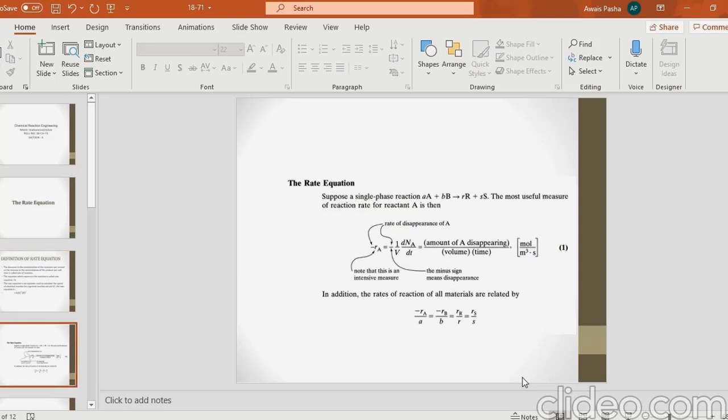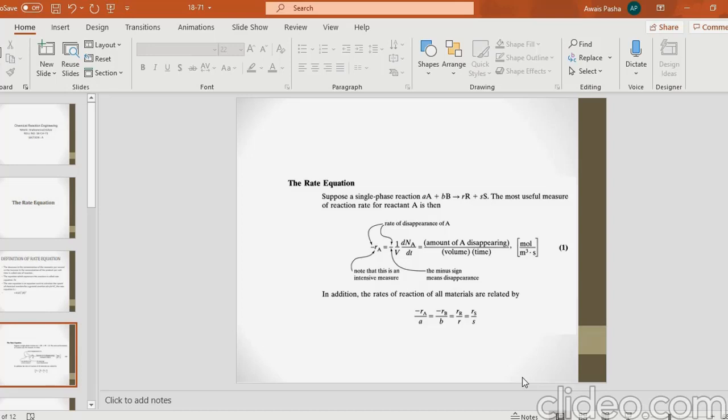Suppose we have a single phase reaction in which the two reactants A and B are reacting together and the new substances formed are R and S. The most useful measure of reaction rate, the rate of reaction of A, is rA equals 1 over V times dNA over dt, where dNA over dt is the amount of A disappearing per unit volume per second.